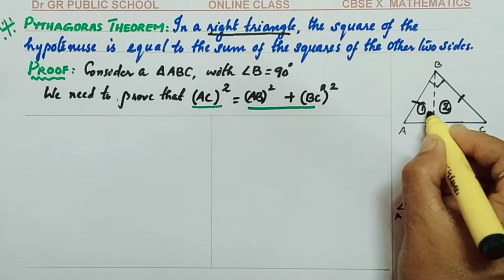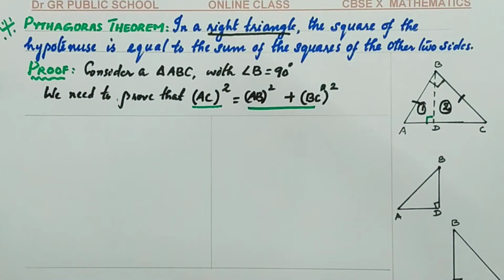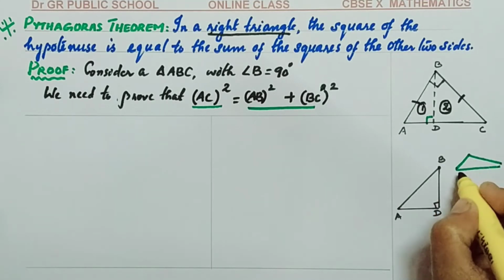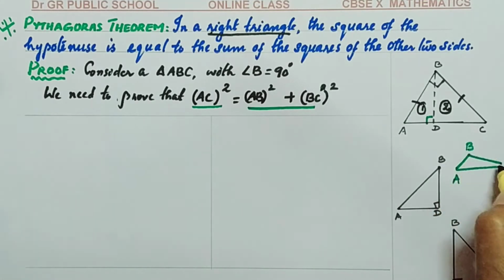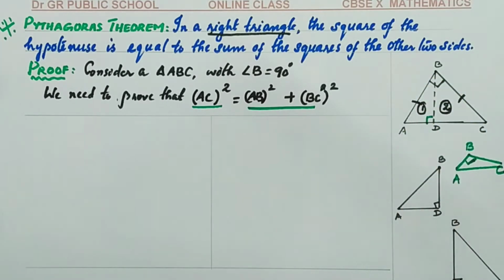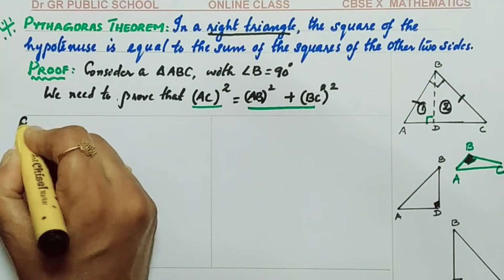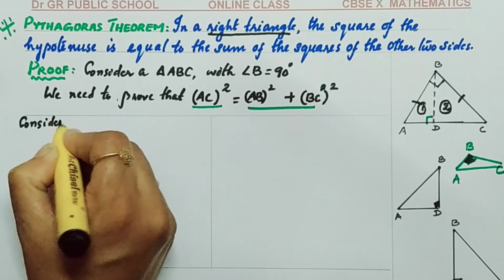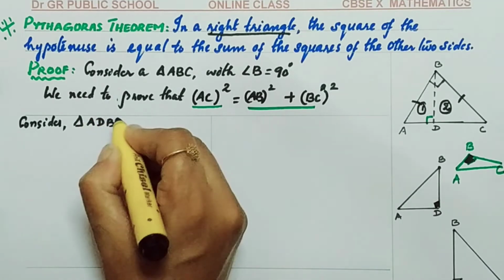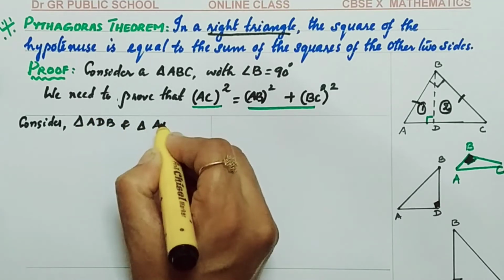Here it is 90 degree, and we can see whether triangle ADB and the large triangle ABC are similar. I am going to draw the large triangle ABC separately here. In the large triangle ABC, angle B is 90 degree, and in the left side triangle, angle D equals 90 degree. Consider triangle ADB and the large triangle ABC.